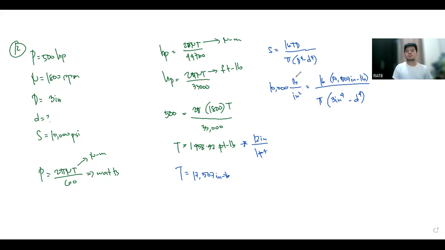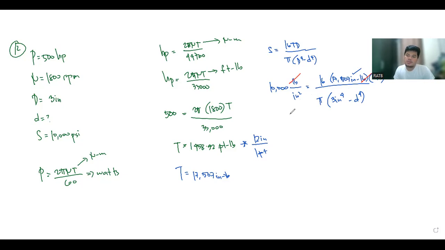We can cancel pound, and inches times inches multiplied by inch square gives inch to the power of 4.